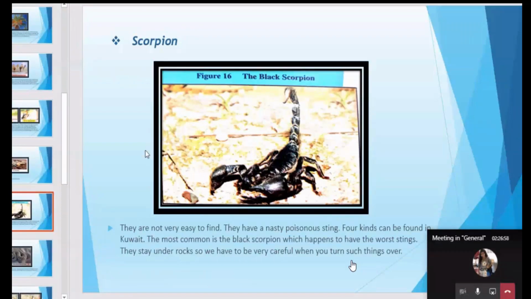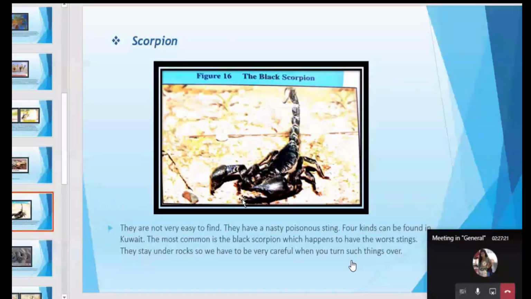Now we are coming to the next one, the scorpion. They are not very easy to find. They have a poisonous sting. You can see here. Once they bite human beings, what happens? They will inject poison into the body of human beings.